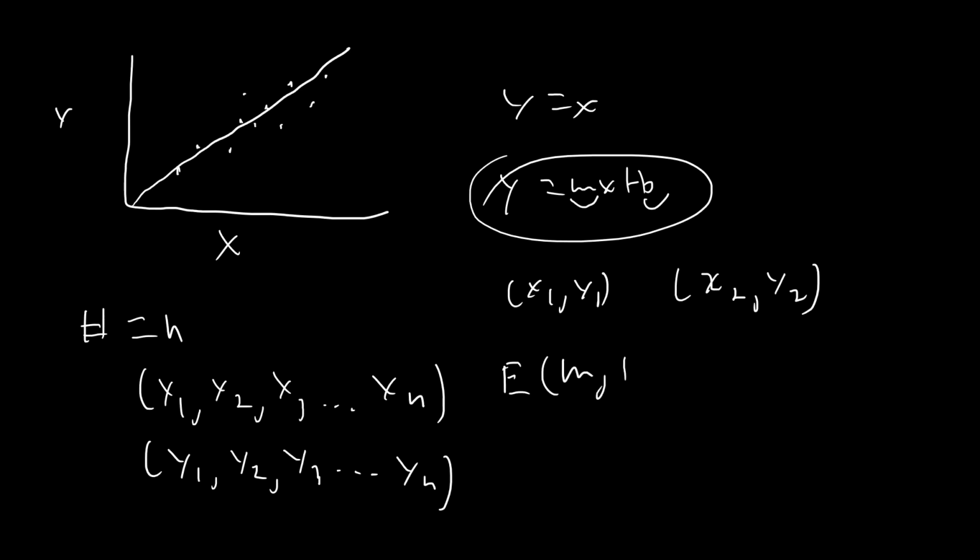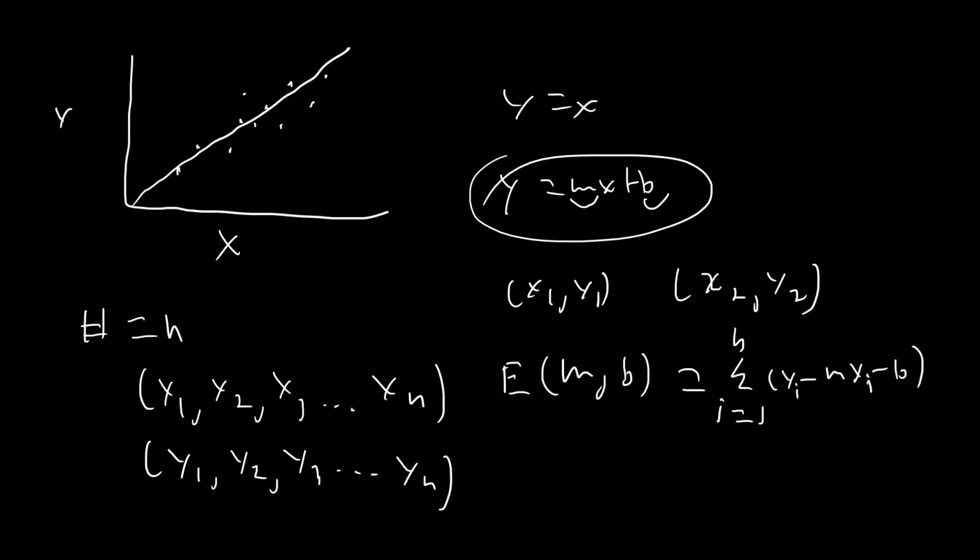So our error is a function of m and b, and it's going to be equal to the sum from i equals 1 to n, covering all our data points, of the difference between the data point and the model's value. So that's going to be y minus mx minus b, namely yi minus m xi minus b.